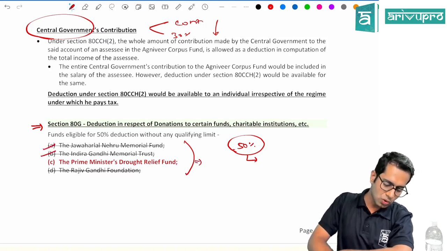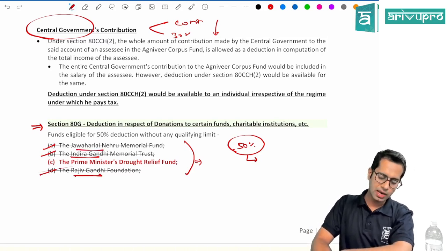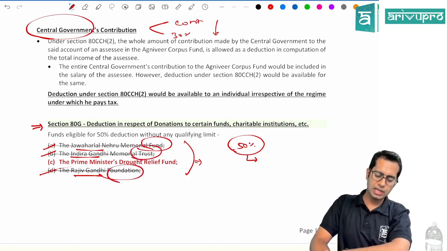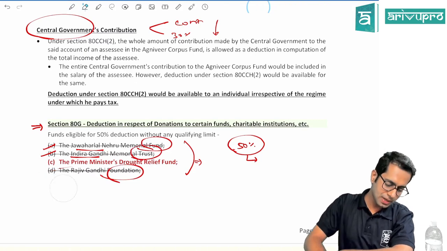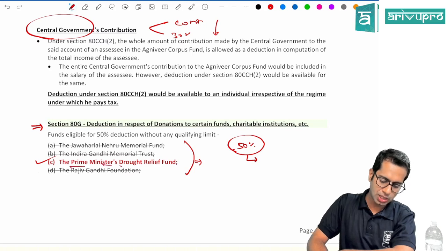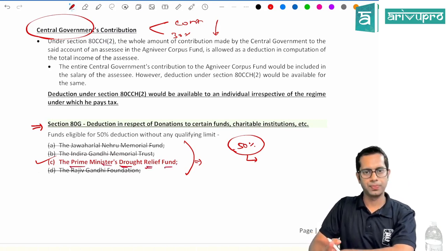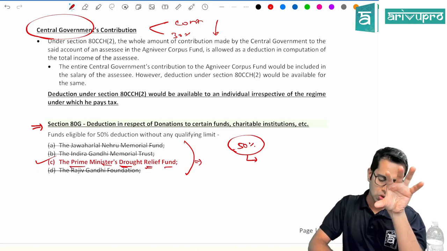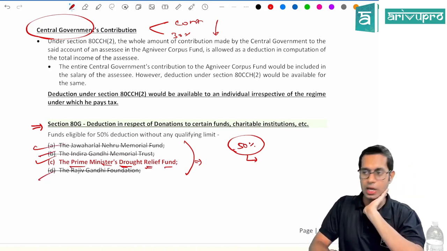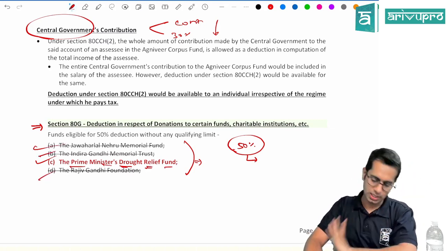Now here they have removed the Jawaharlal Nehru Memorial Fund, Indira Gandhi Memorial Fund and Rajiv Gandhi Foundation. So under the 50% criterion, there is only one thing now, which is the Prime Minister Drought Relief Fund. So if you make a contribution to Jawaharlal Nehru, Indira Gandhi, it is no more allowed as deduction. If you donate money to this fund also, it is no more allowed as deduction.